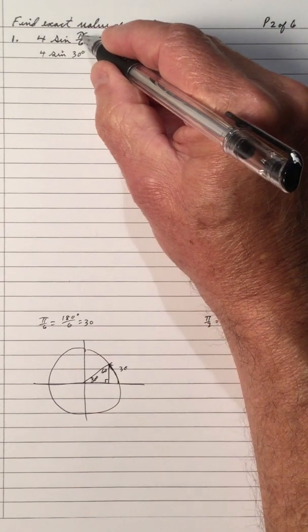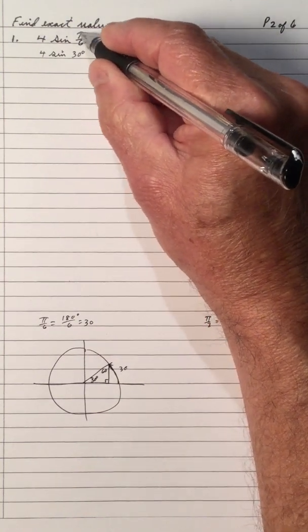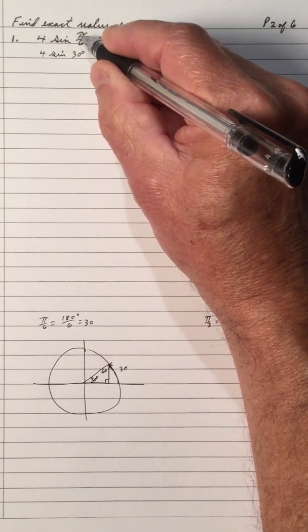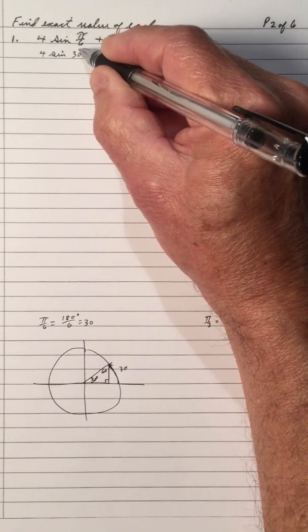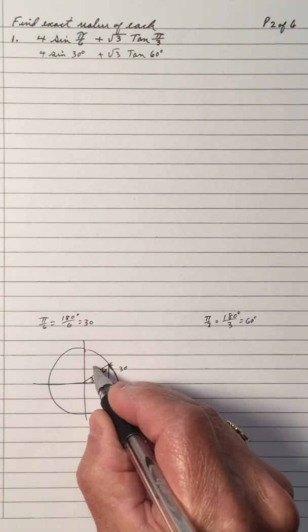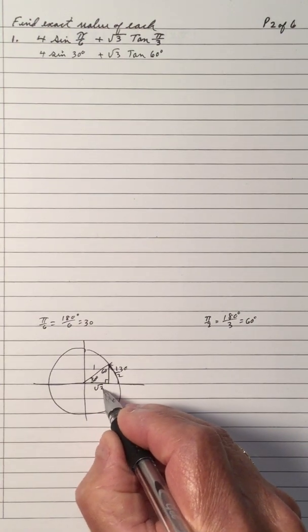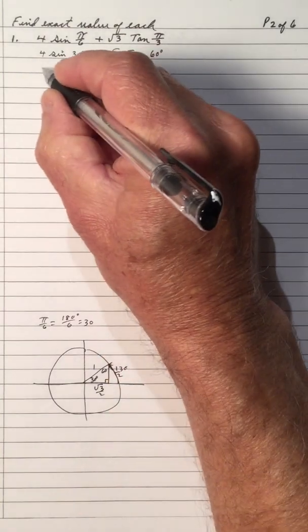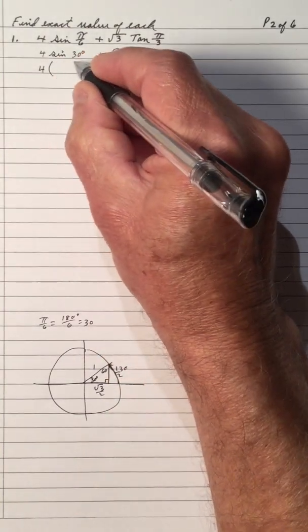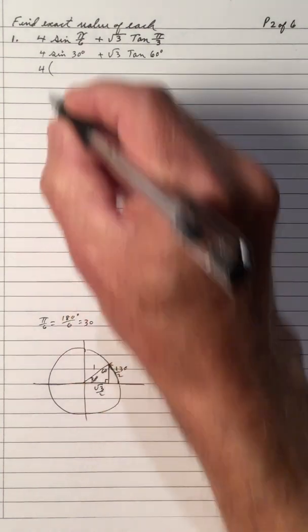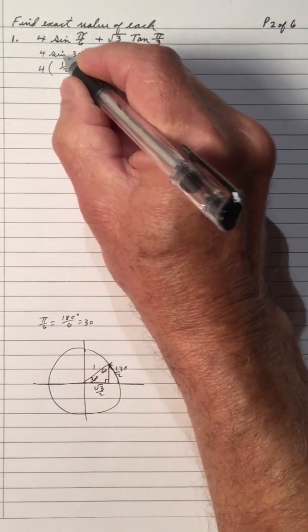And besides, with pi over 6, the denominator tells you to divide into pi, so your reference angle is 30. So that's a 1, and that's a half. Opposite 60 is root 3 over 2. And so the sine of 30, sine is opposite, is a half.